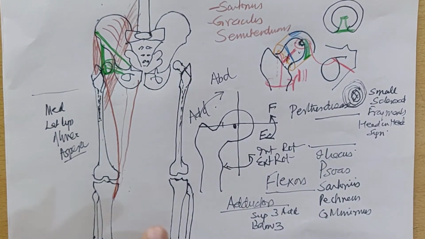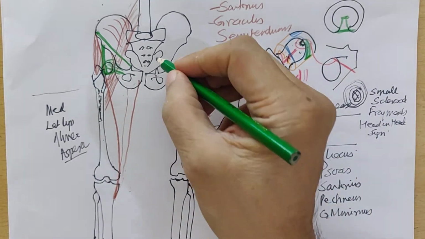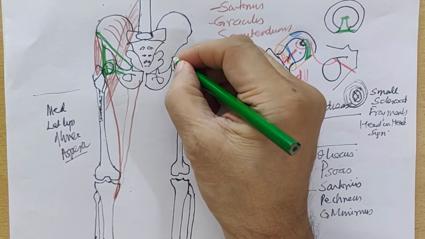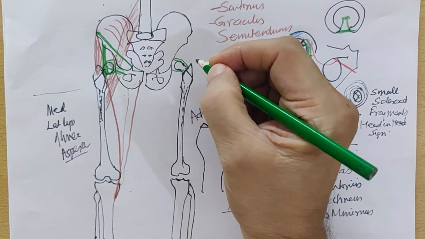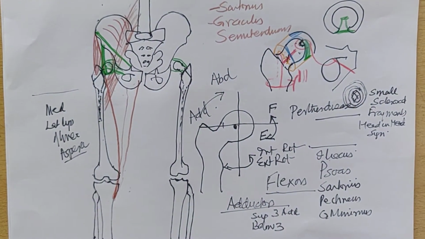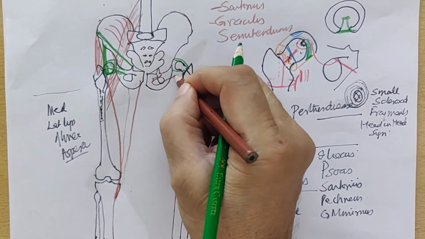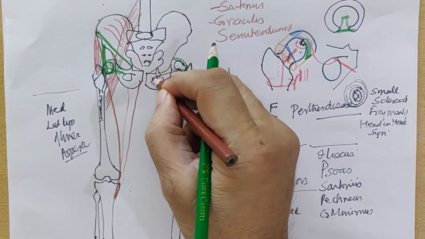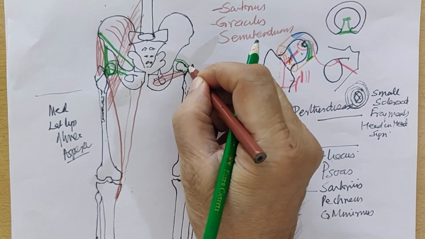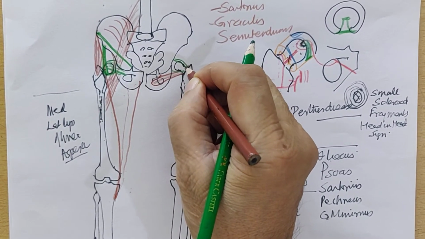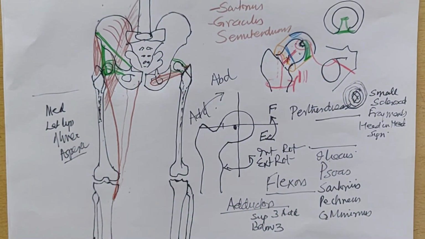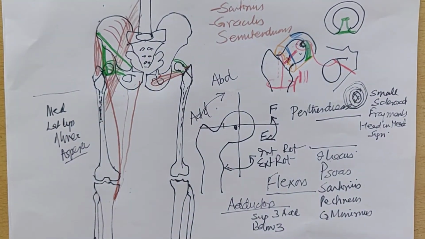this. I will put the capsule here. And then I will make a muscle which arises from the obturator foramen, passes under the neck, and gets inserted onto the greater trochanter. This is obturator externus.